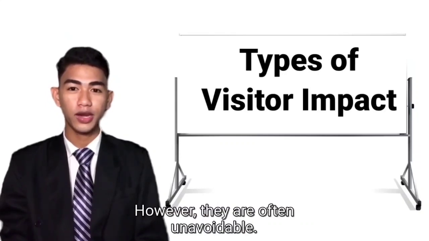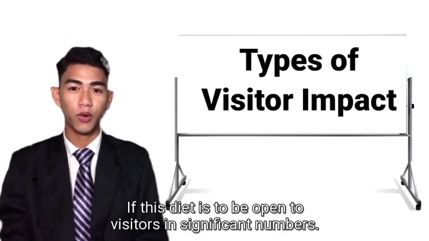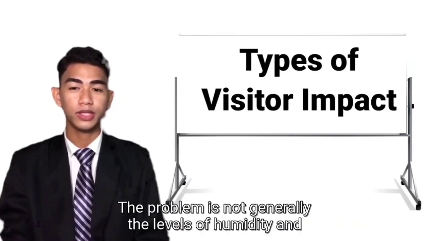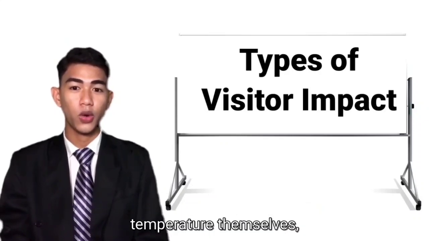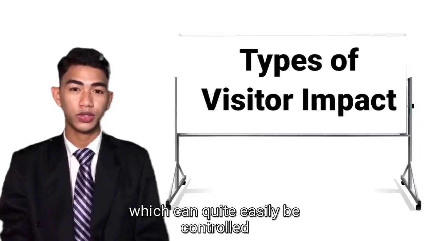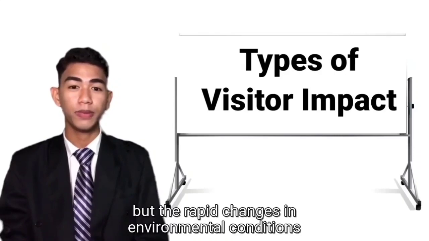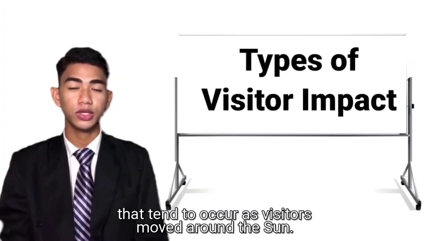However, they are often unavoidable if the site is to be open to visitors in significant numbers. The problem is not generally the levels of humidity and temperature themselves, which can quite easily be controlled, but the rapid changes in environmental conditions that tend to occur as visitors move around the site.